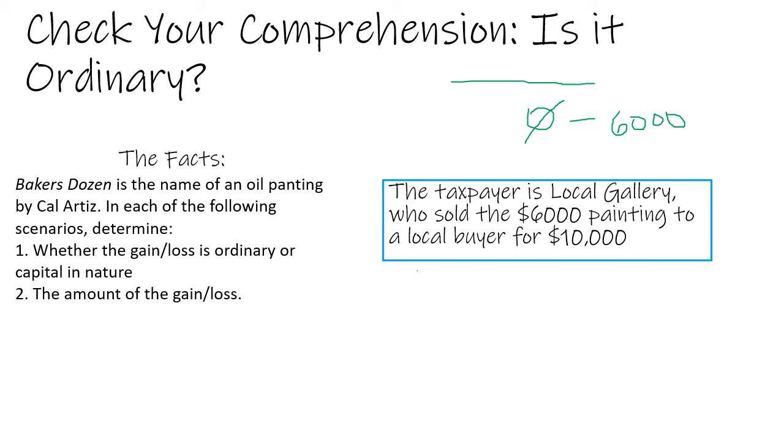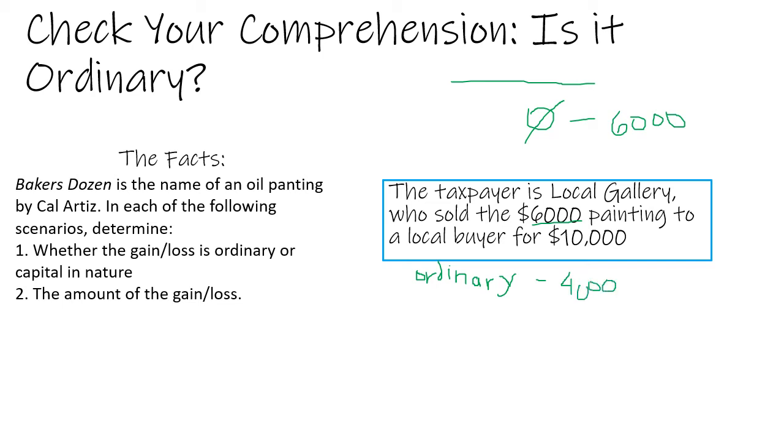In this case, it's an ordinary gain because a local gallery is routinely in the process of acquiring paintings, holding them as inventory, and reselling them. Their gain is the $10,000 that they realized on the sale, minus the $6,000 that they paid to acquire the asset from Ortiz. Therefore, their ordinary gain is $4,000.